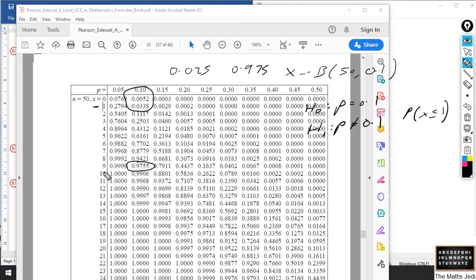And then we're thinking, well, that's less than or equal to 9. So less than or equal to 9 is going to be the same thing as more than or equal to 10. So remember that from previous videos. So more than or equal to 10 will be 1 minus probability of it being less than or equal to 9. So 1 minus this probability is 0.025.